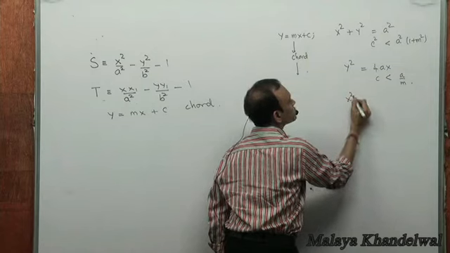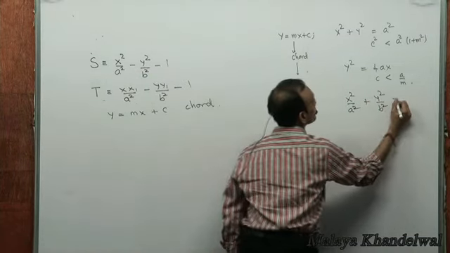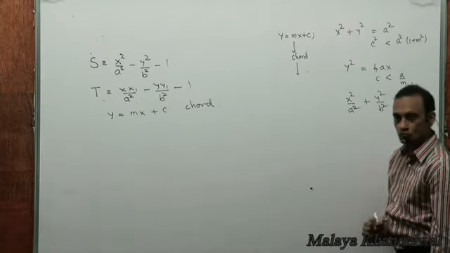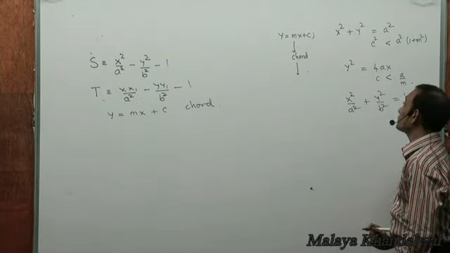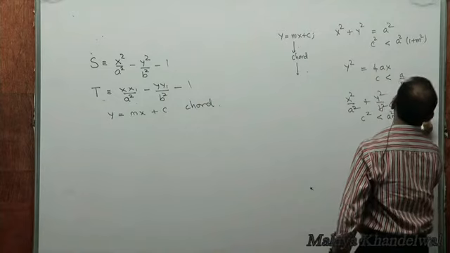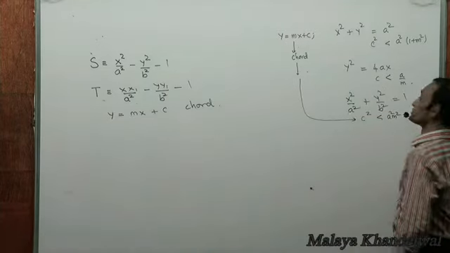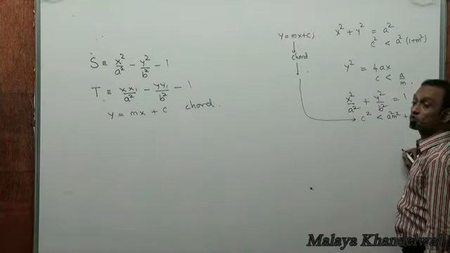For an ellipse, x squared by a squared plus y squared by b squared equal to 1, c squared equal to a squared m squared plus b squared will give me a tangent, but c squared less than a squared m squared plus b squared will give me a chord.